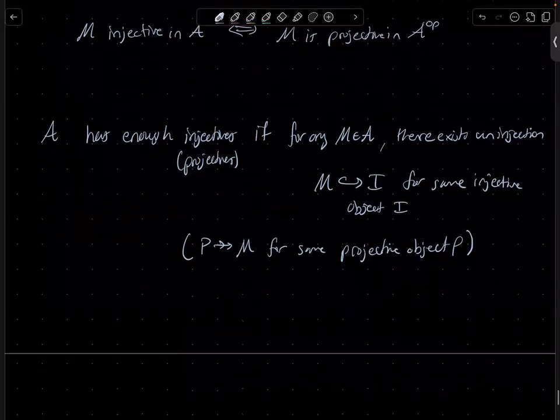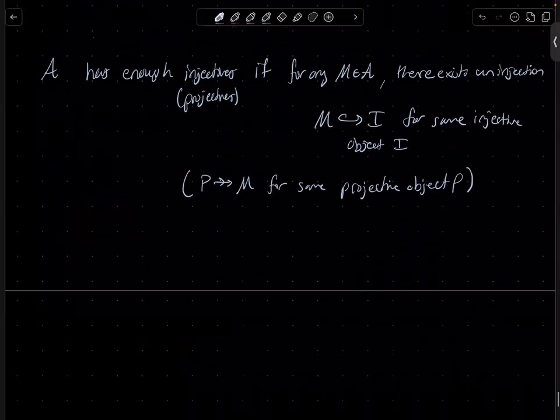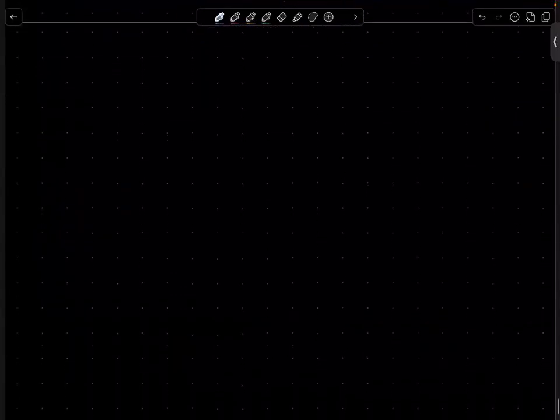So now to actually calculate the Ext groups, we'll just stick to modules. I don't think you need to for any of this discussion, but if it helps, think about modules. Okay.